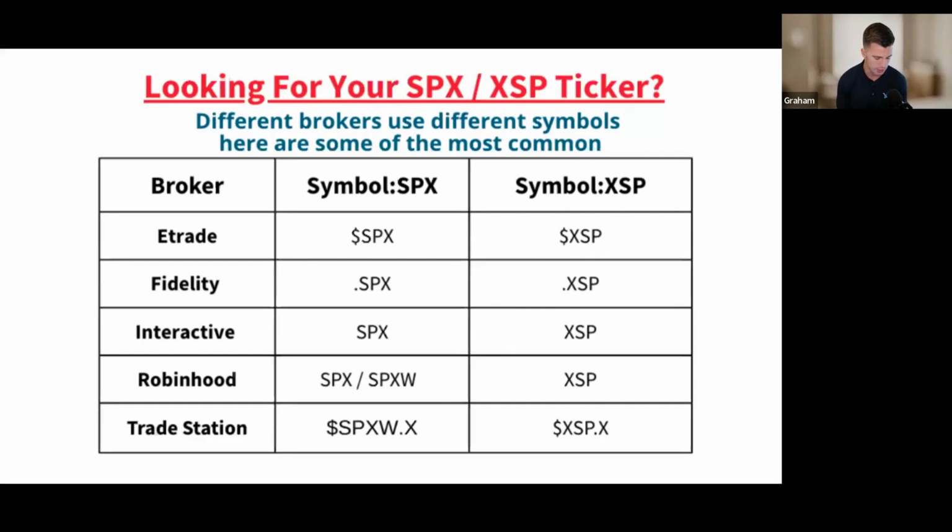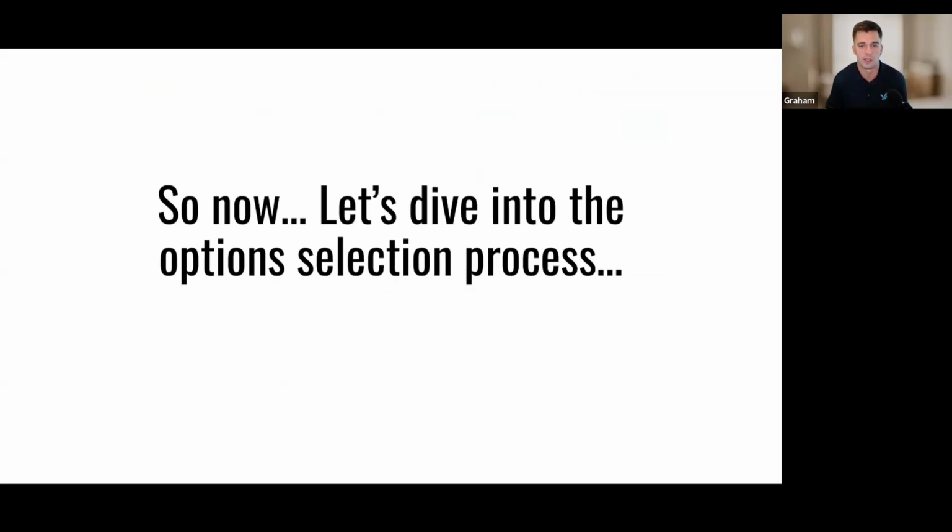They should be in every major brokerage, but sometimes, for whatever reason, they're a little bit different. Schwab isn't on there, but on Thinkorswim it is SPX. But if you go online to Schwab, I think it's $SPX or period SPX. Anyways, you can just Google it too if you have some questions.